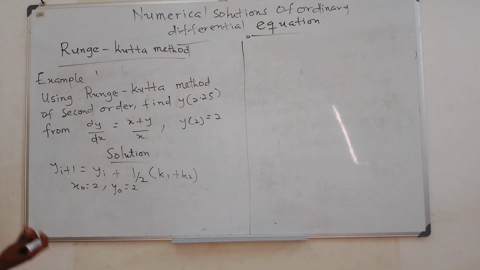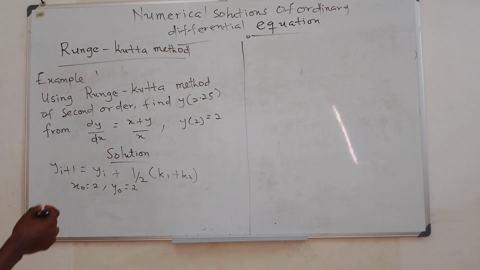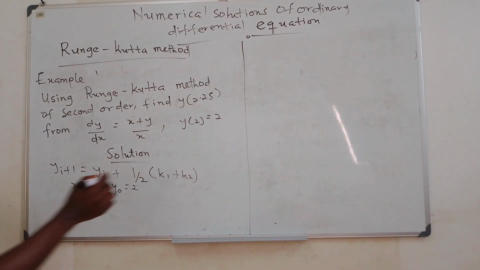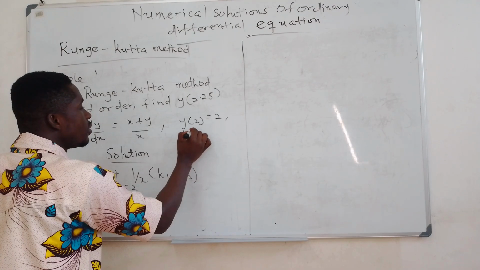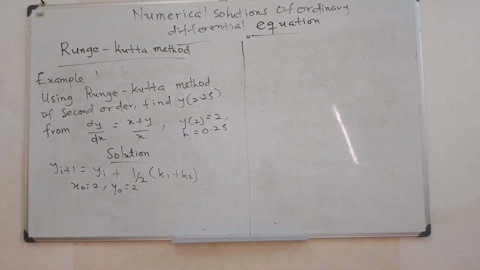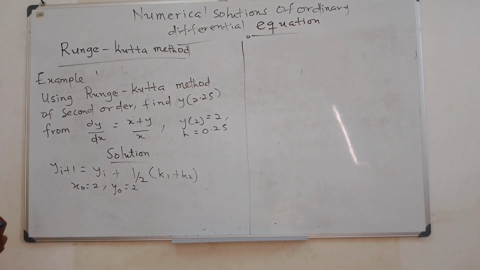What about k1? We don't know k1, so we find k1, and we know our h. Our h is 0.25. Very good.